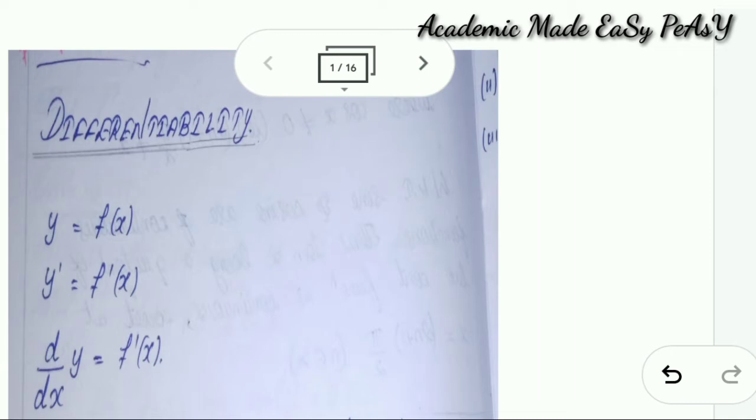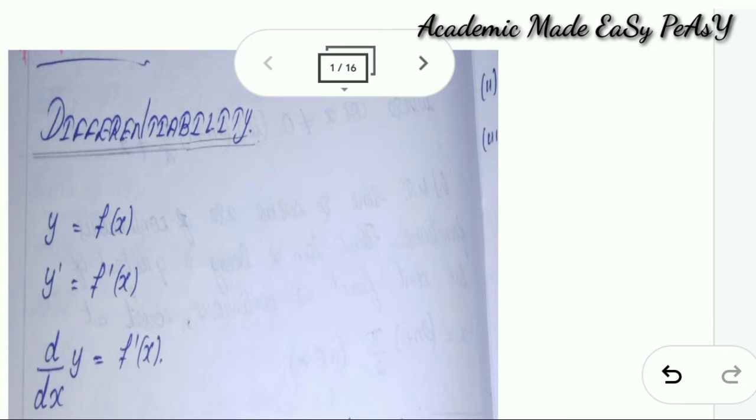The differentiation is written as y dash. So y dash is equal to f dash of x, or else we have one more notation, that is d by dx of y is equal to f dash of x.